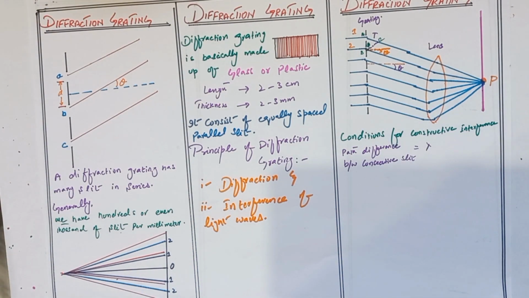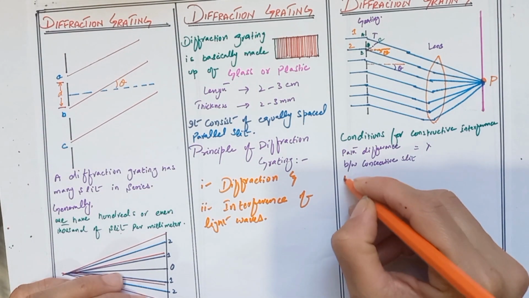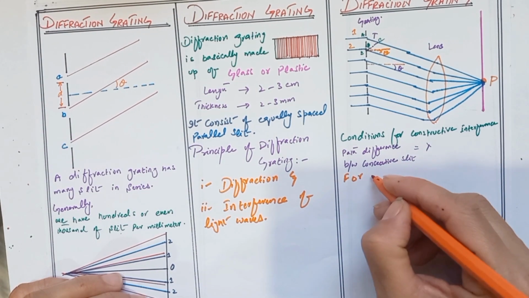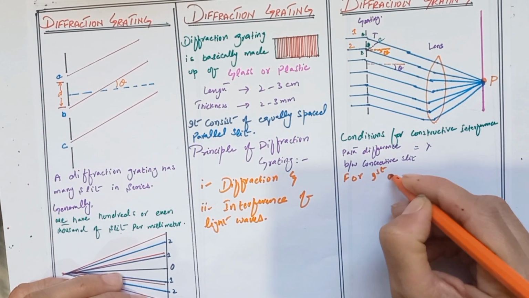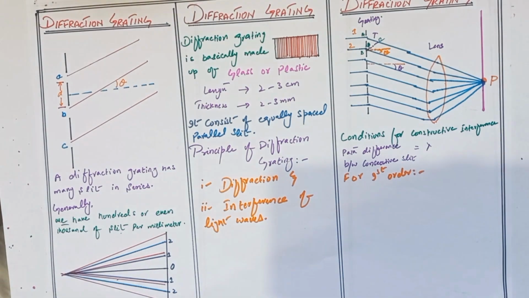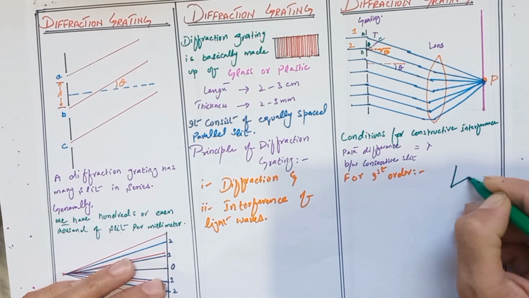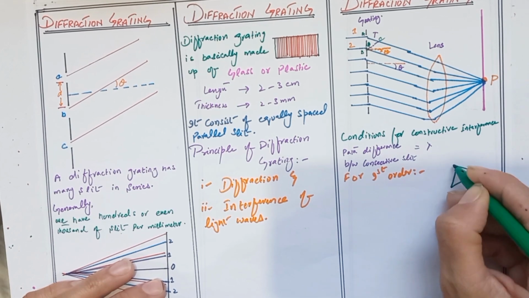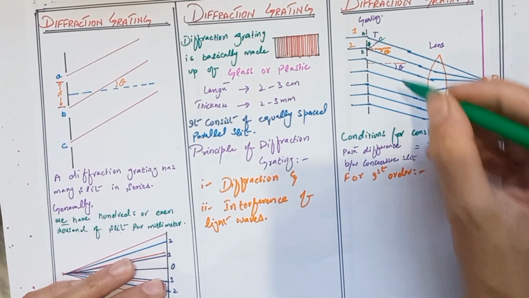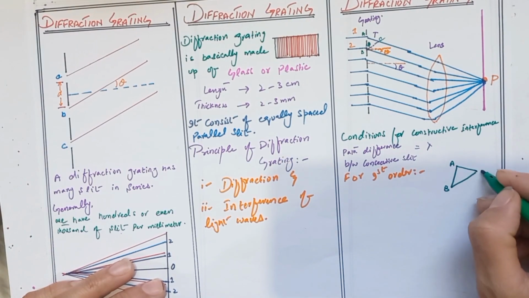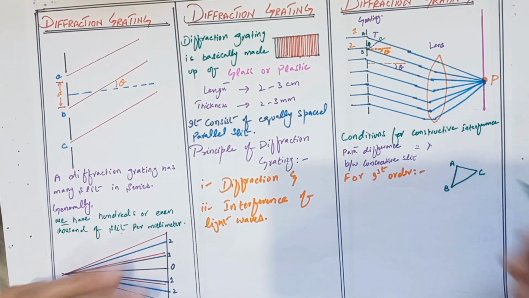So for the first order we take the triangle separately.